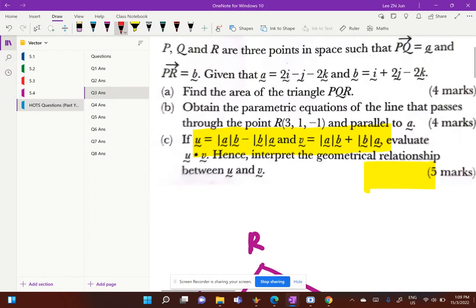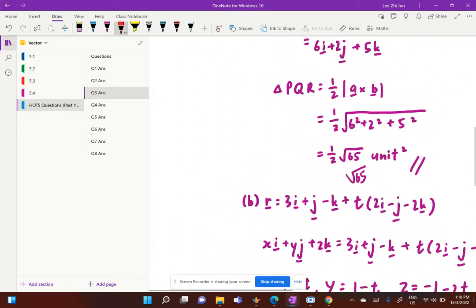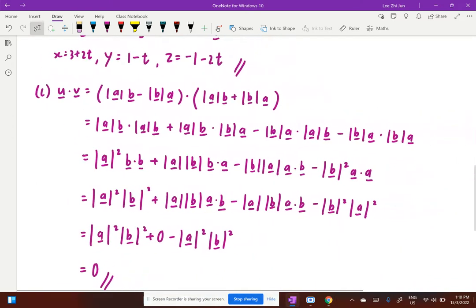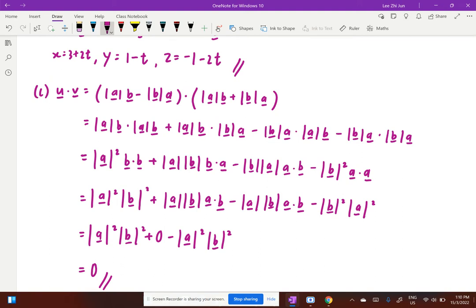Okay. So for this question, just U dot this V. Do it like factorizing. So A dot together, this dot together, this dot together, this dot together, like factorizing it. So AA will be A squared, BB will be B squared.